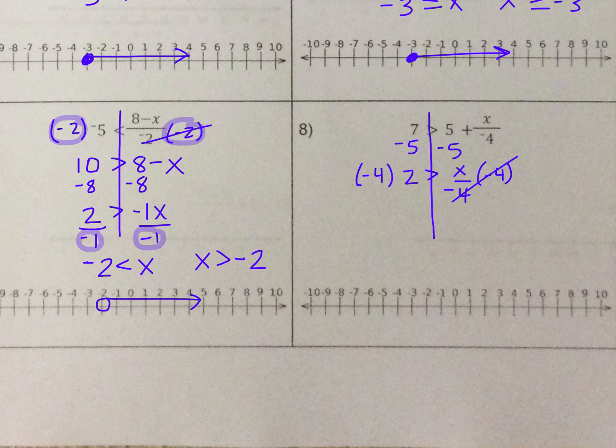All right, I just multiplied by a negative number, which means -8. I've got to flip that sign, less than x. All right, I've solved it, but now I need to flip him back. I need to flip him the other way so we can graph him. Open circle on -8 to the right.